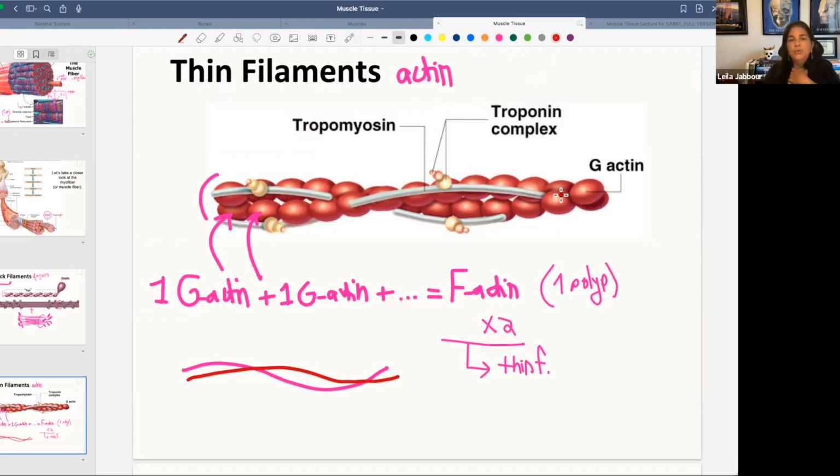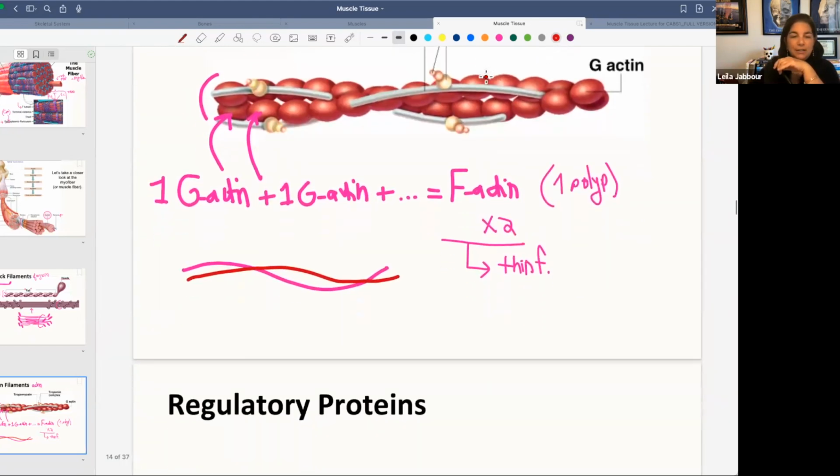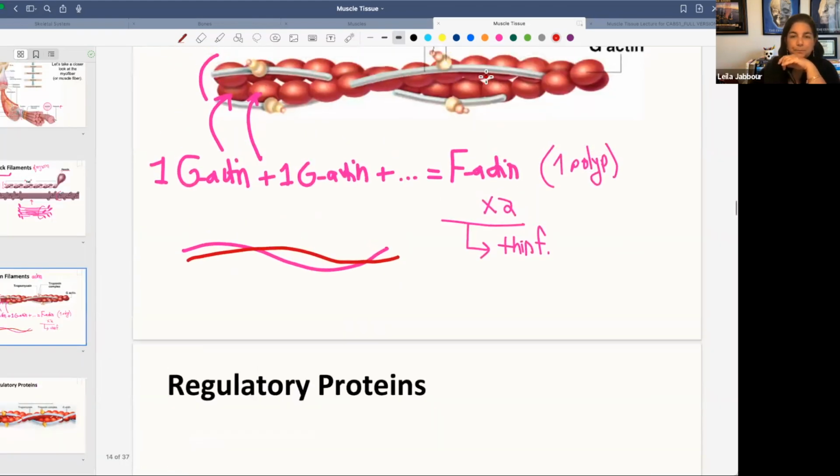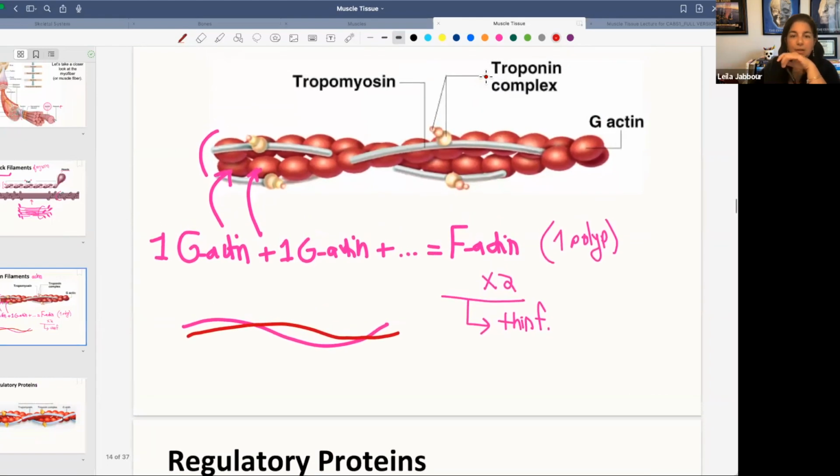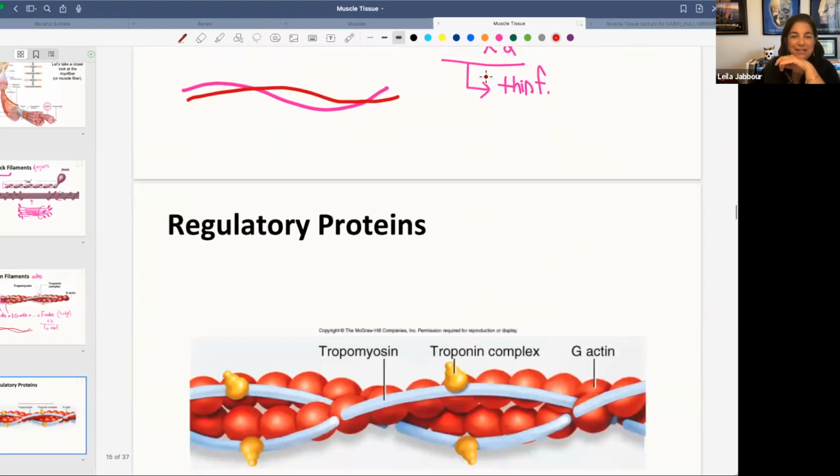So these two polypeptides of F actin are kind of intertwined with each other to form the thin filament. Okay, now let me show you, let's see. Well, okay, I'm going to talk about this next.